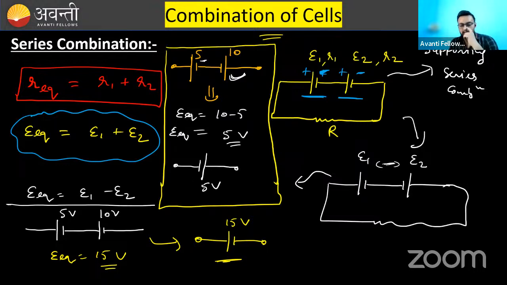Can you see that? What I have done, there were two cells, 10 and 5. The resultant will be the difference of the two, and the polarity of the equivalent cell will be similar to the larger cell.